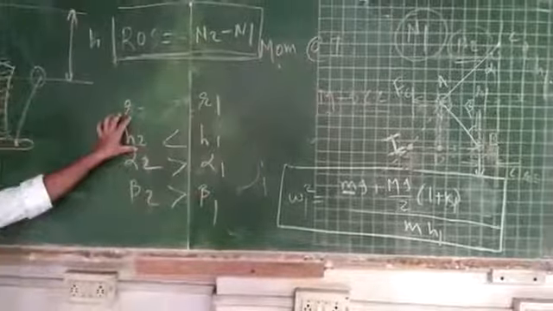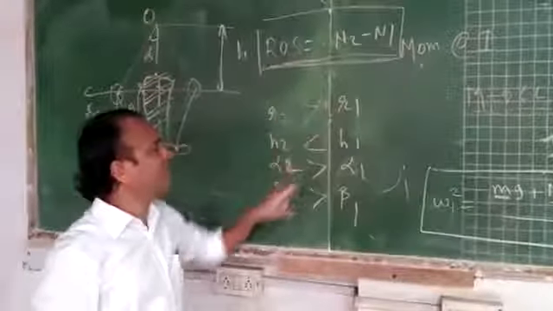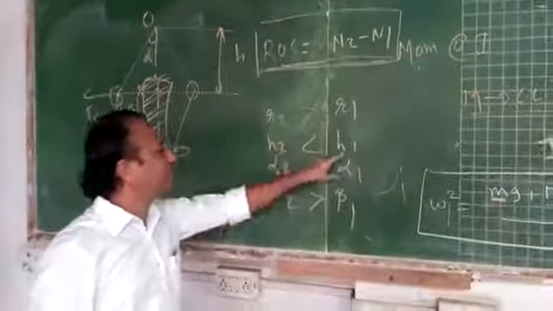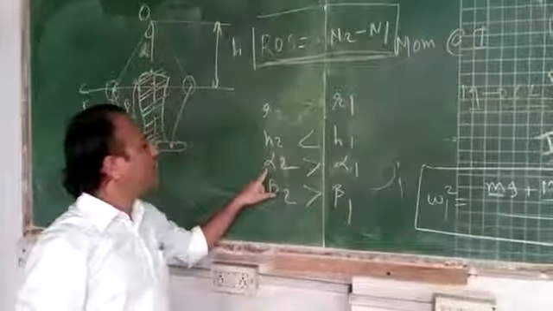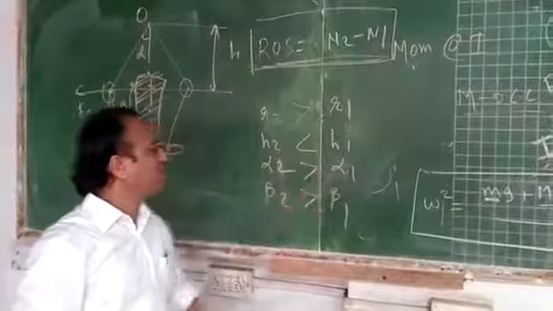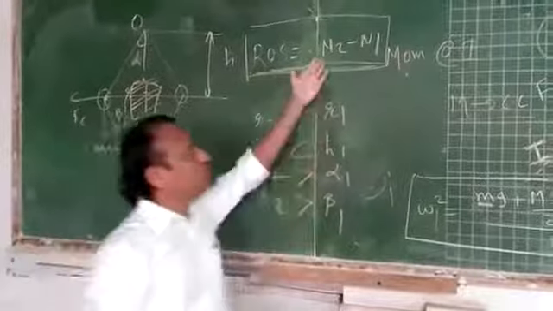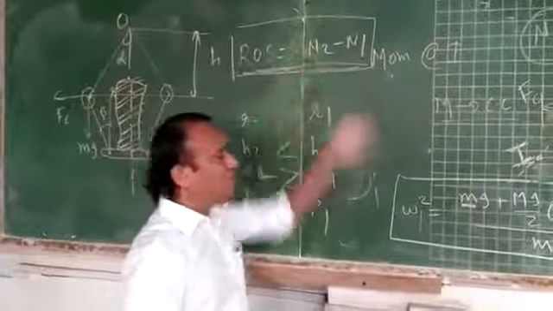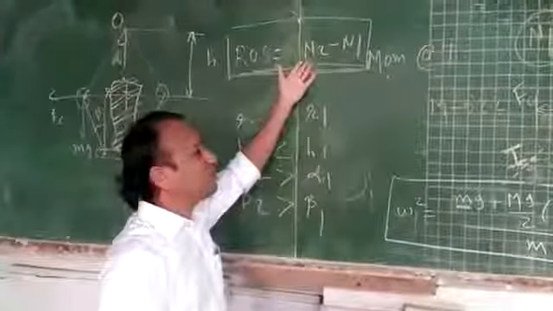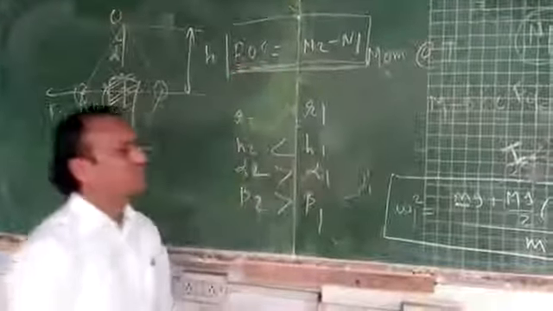Remember, R2 is always greater than R1, H2 less than H1, alpha 2 greater than alpha 1, beta 2 greater than beta 1. So first we will calculate the minimum speed of governor, then the maximum speed of governor, then you can calculate the range of speed.